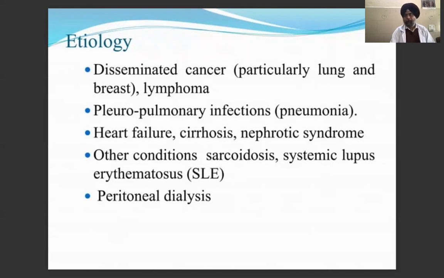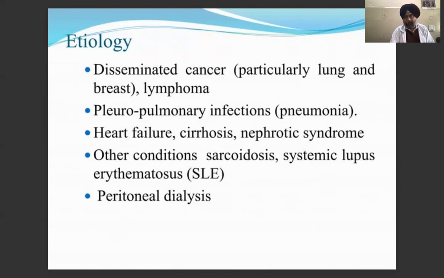If they are increased, then, but usually in our setup in India, we go for the ADA enzyme. If it is more than 40, we consider it as tuberculosis. Plus we can get a pleural biopsy, a pleural culture for AFB, or do abrasion of the pleural cavity or take a pleural biopsy for tuberculosis.